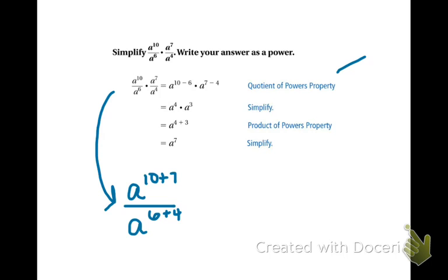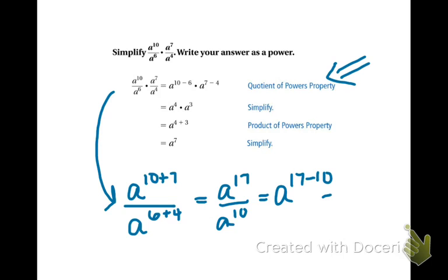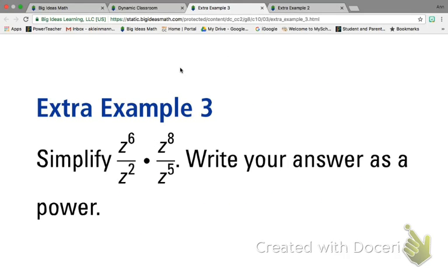This method that we're showing you in this example typically is used when the bases are different in the two fractions, and we'll get to examples like that. So if you had a to the 17th over a to the 10th, you would then finally simplify as a to the 17 minus 10, which is still equal to a to the 7th power. So go ahead and give this a try.